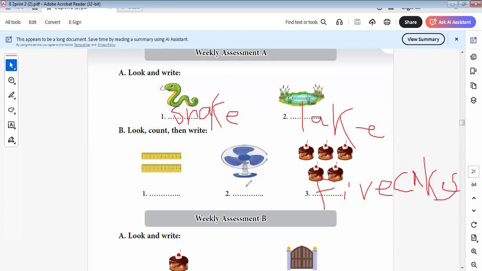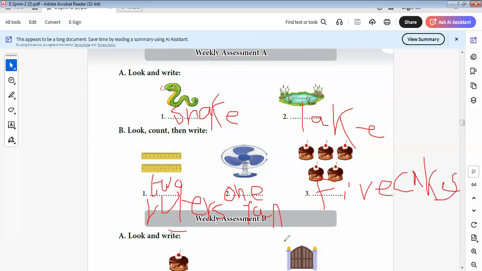It will be here 1 fan. Here is 2 rulers. So here it will be 2 rulers.